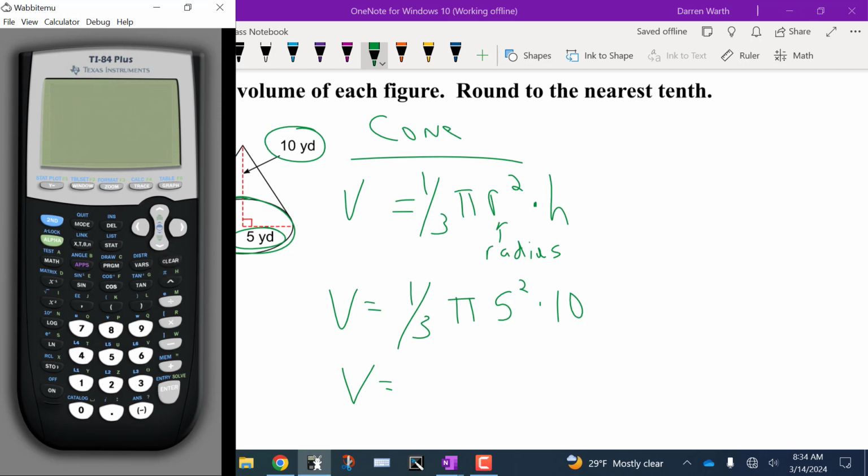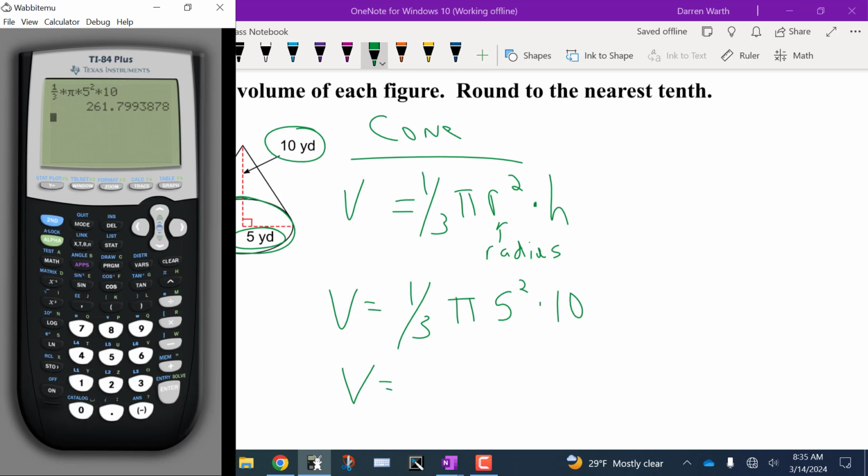Get your fraction at alpha F1. Go with 1/3, and then we're going to times this by pi, using your calculator's pi key, and we've got times 5 squared, and then times 10.